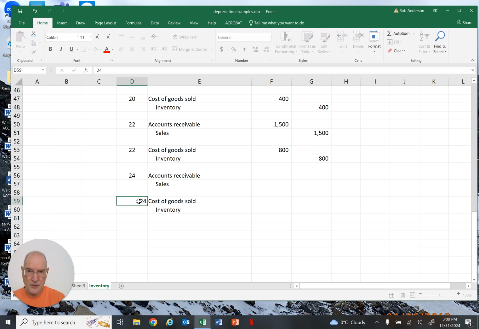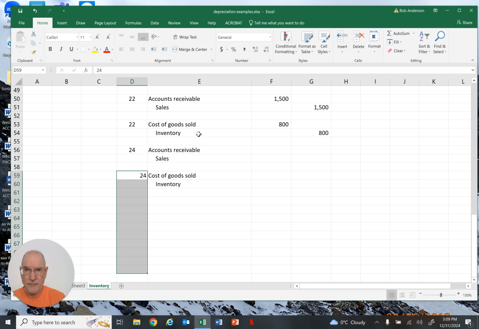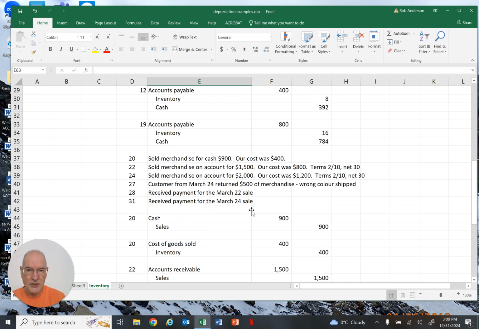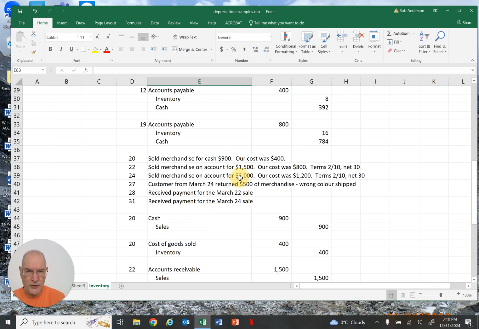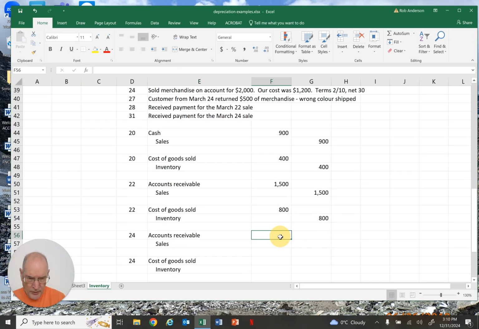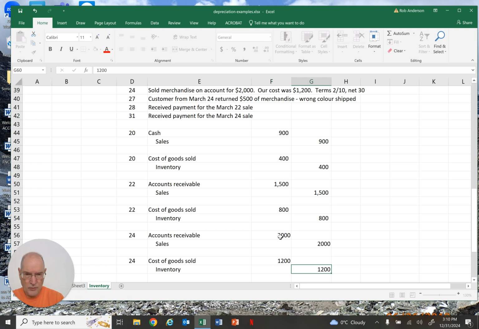It's easy to just start copying and then not really notice if you have the wrong account title. Okay, but in this case, our sale is $2,000 and cost of goods sold is $1,200. So here we have our $2,000 and we have our cost of goods sold, $1,200.